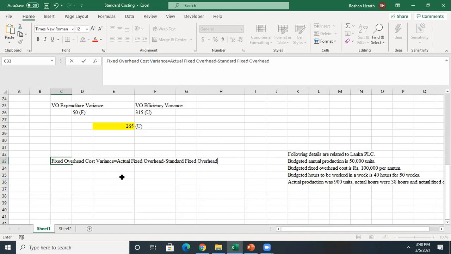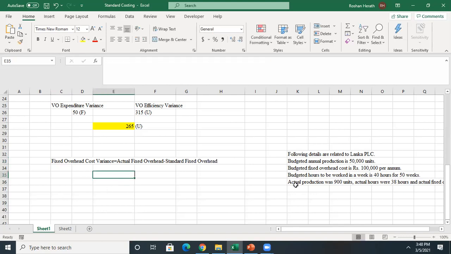Right. How do you take the actual fixed overhead? It would have been given in the question. The question might say that the actual production is such and such and the actual fixed cost is 1,900. So you can easily take that, but I recommend taking it in a more elaborate way. Here, you are given the hours, no? Actual hours worked are 38.